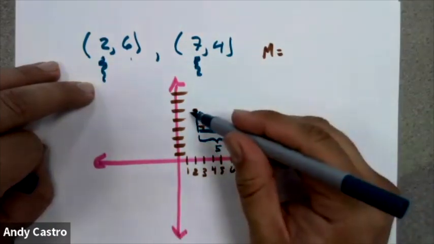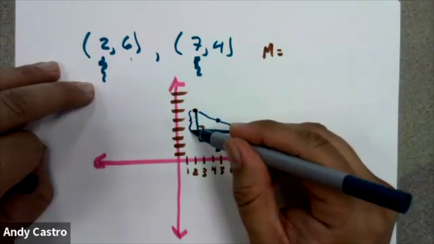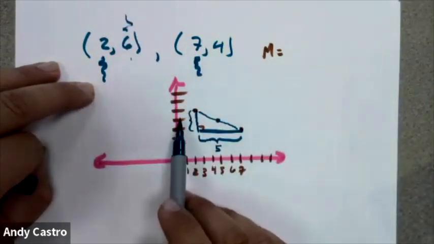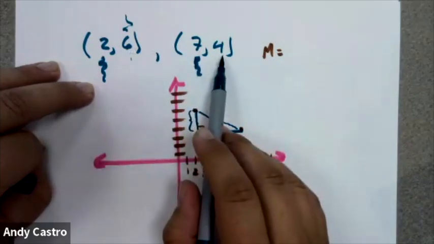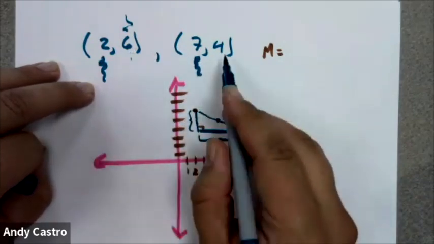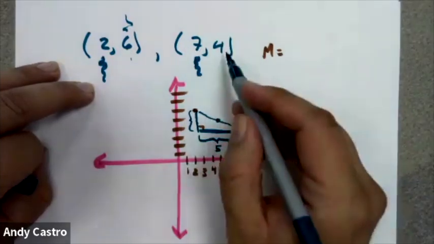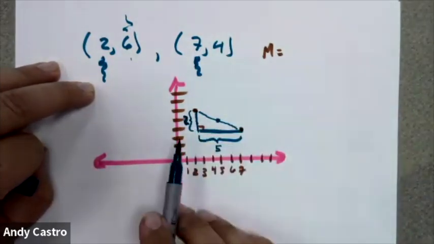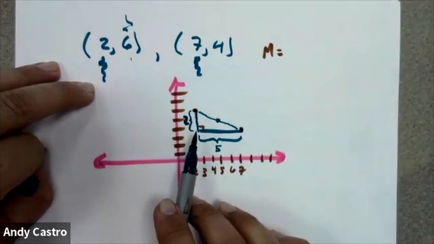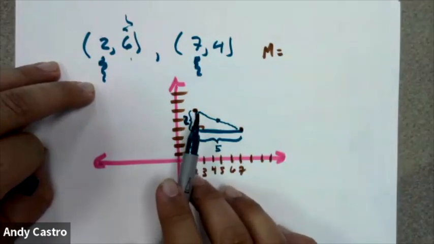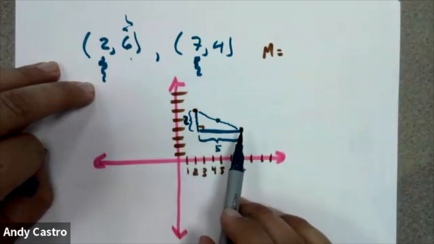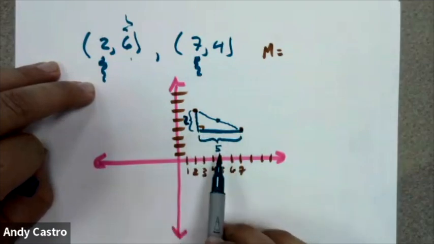Okay? And then the same thing here. If I go on my y, I start at 6, right? And I'm going to come down to 4. So I'm coming down 2, or from 4, I'm going up 2 to 6. And then from 2 to 7 is 5, or from 7 down to 2 is 5.